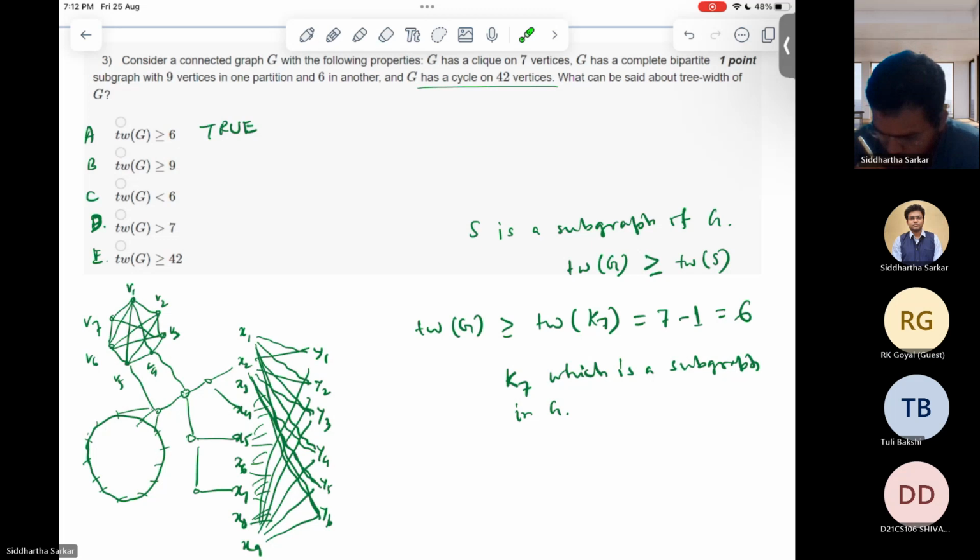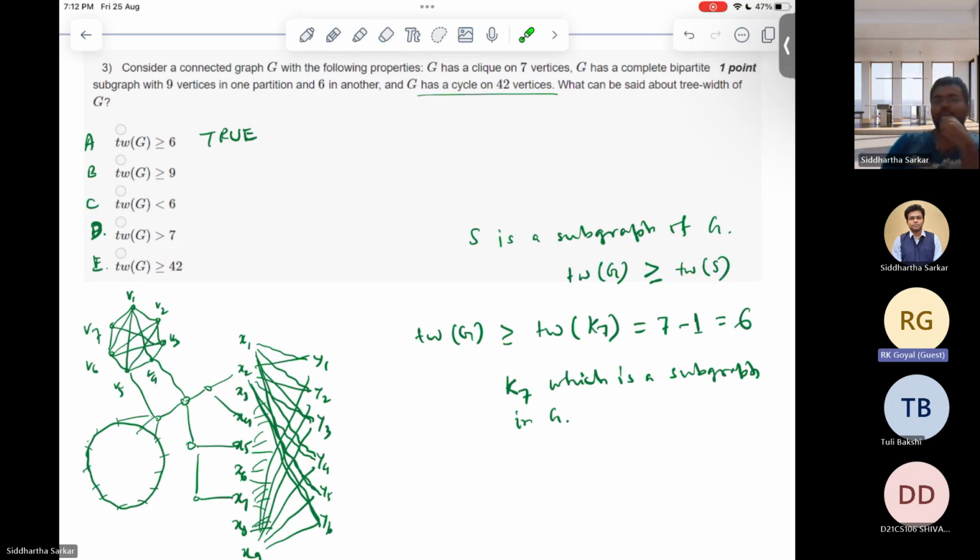Then each bag would contain 10 vertices. Therefore the value of the tree width came out to be 9. And now we can increase the value beyond 6, so option B would be correct.